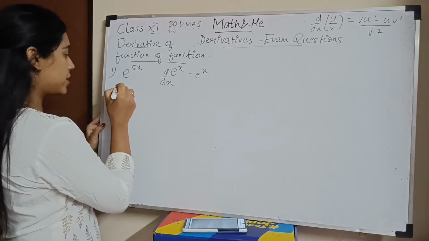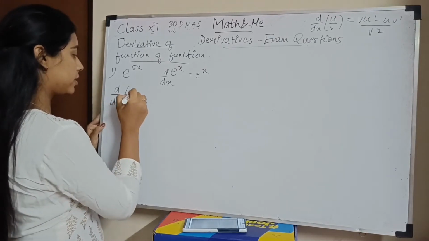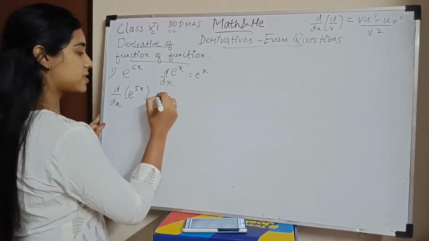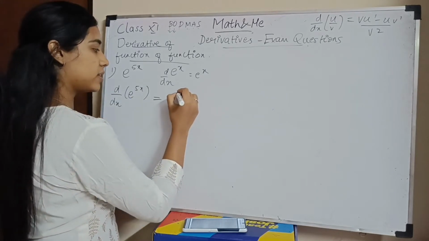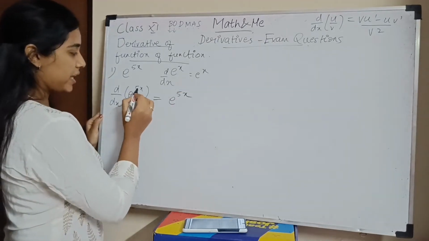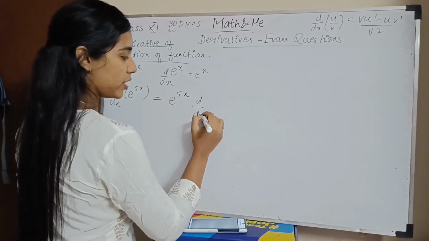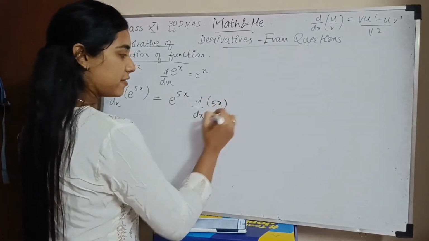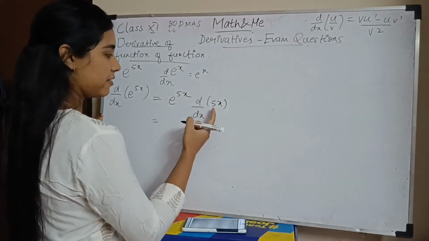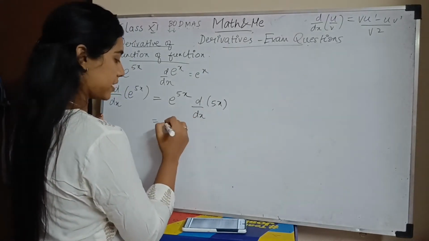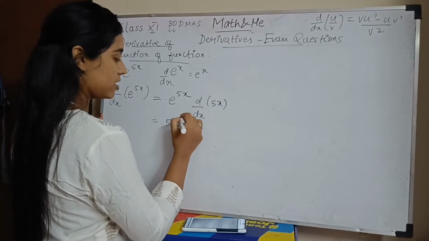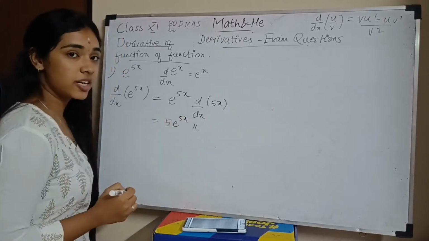So first you get the derivative of e to the 5x, which is, so derivative of e to the x is e to the x, but what is your x? It is 5x. So you have to take the derivative of 5x also. So what do you have? Derivative of 5x is 5. So you have 5 e to the 5x. This is your answer. Clear?